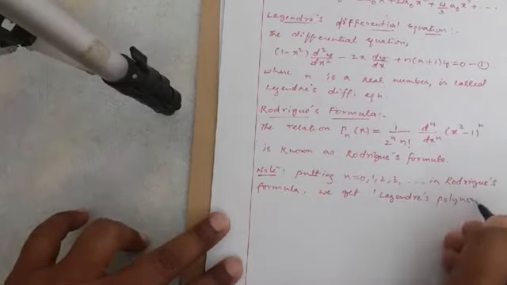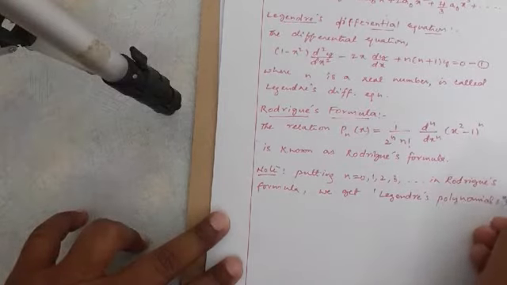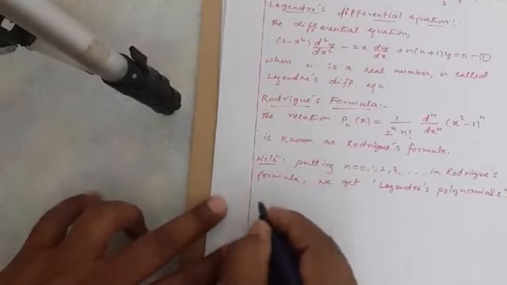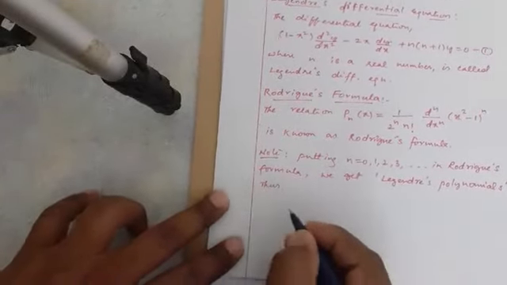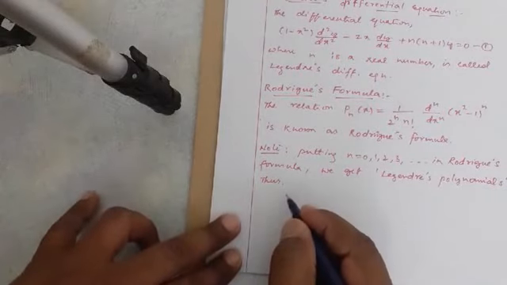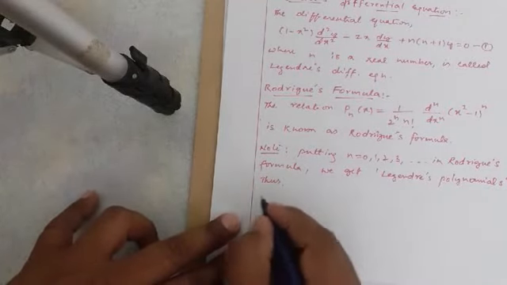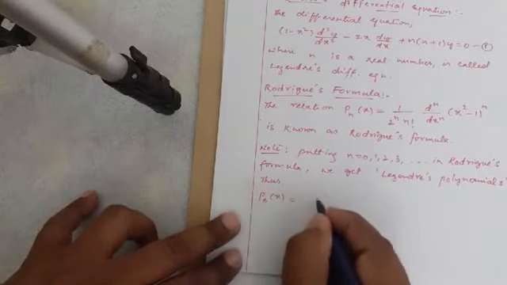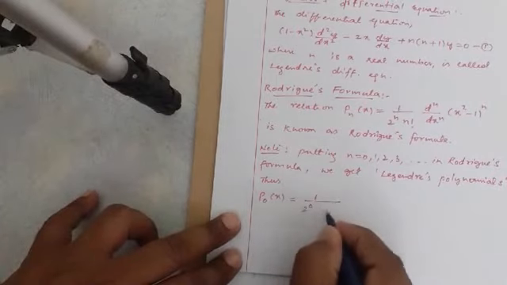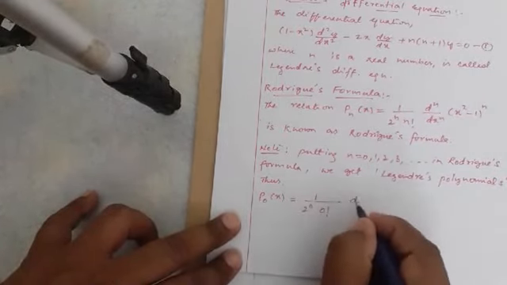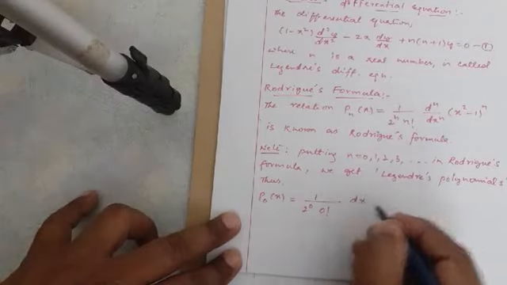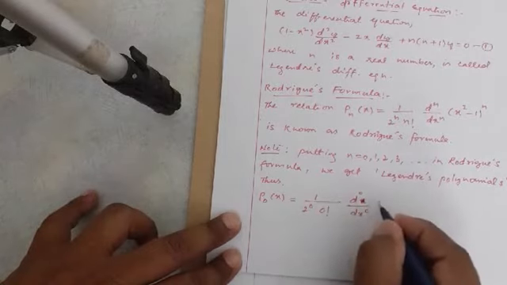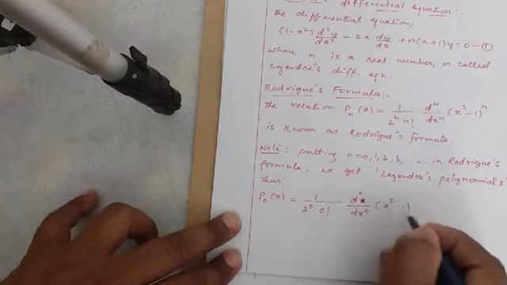Legendre's polynomials. These are both related. So when you substitute n is equal to 0 in Rodrigues formula, you get P0 of x is equal to 1 upon 2 power 0 into 0 factorial, d power 0 upon dx power 0 into (x square minus 1) power 0.